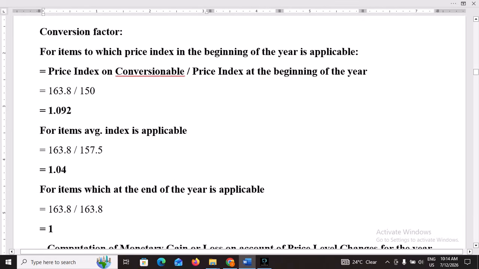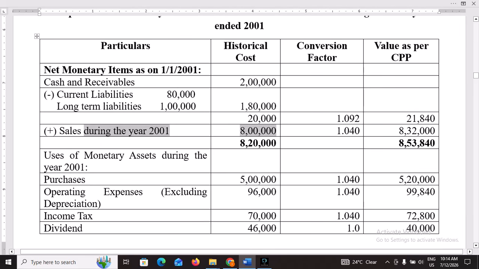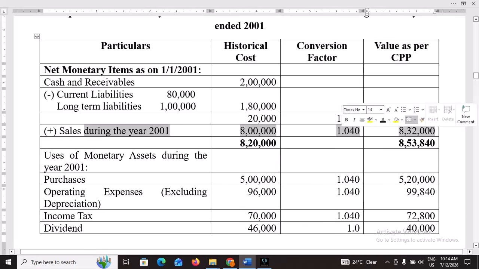Average rate is 1.04. So 8 lakh into 1.04 is 8 lakh 32,000. Correct? So 21,840 plus 8 lakh 32,000 is 8 lakh 53,840.